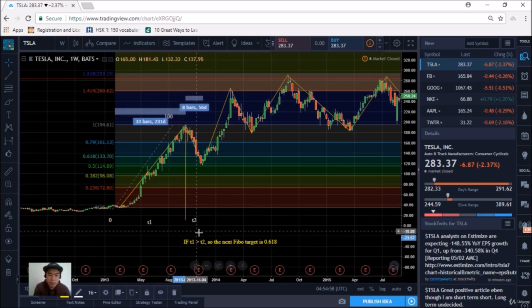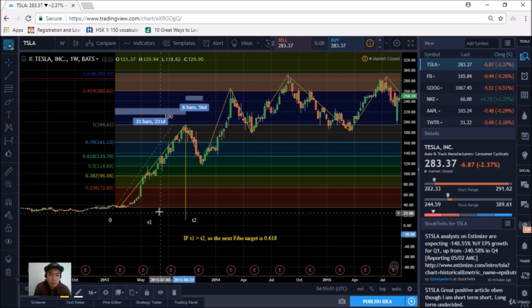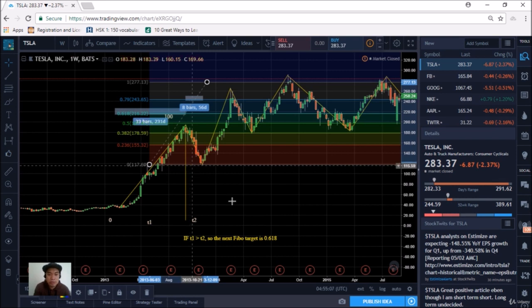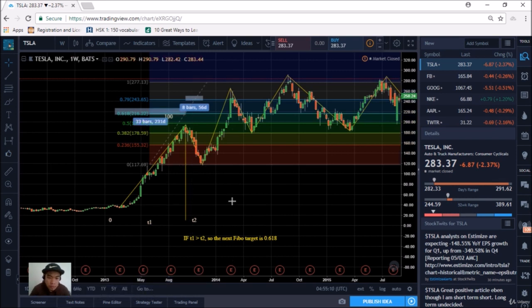Now the next step that you must do is drag this 0 line to this line. Now you can see that the next Fibonacci target is 0.618.